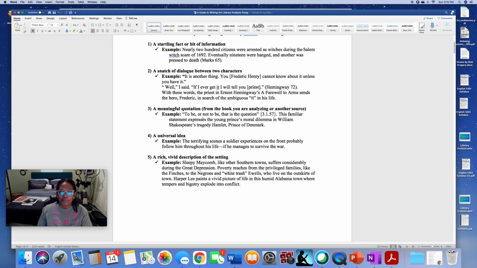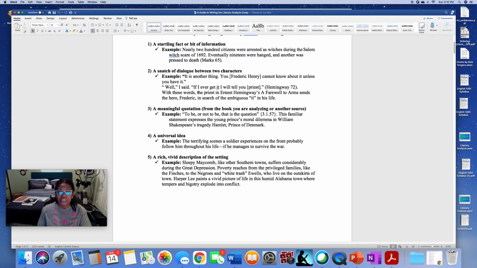Okay, look at the examples that are here. You're going to begin your essay with one of these ways and make sure that after you've put your dialogue between the characters, that you introduce the tag, which is the title, the author, the genre.